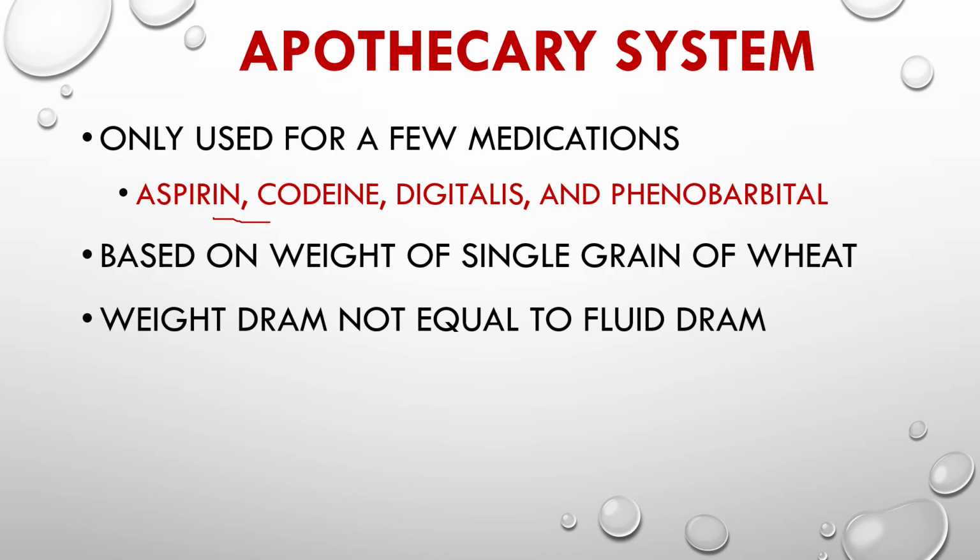So again, it's going way back to whenever apothecaries were being set up. We're using more standard metric systems now. So weights are in drams, and we have fluid drams. Again, it's an outdated system, but just a little history for you, it's called the apothecary system.